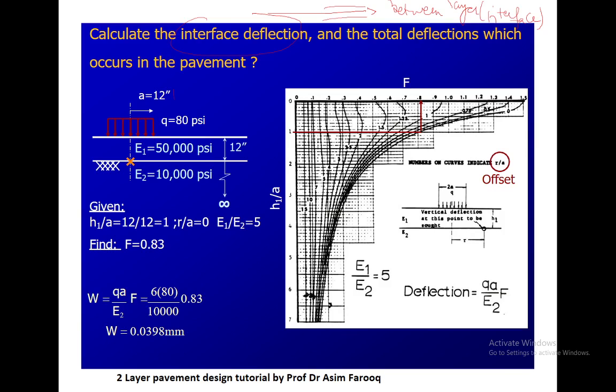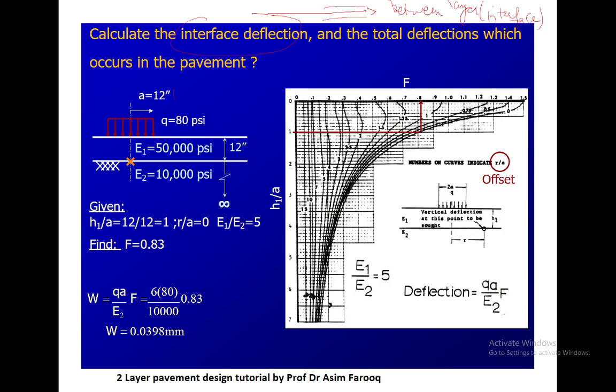The first one is the offset, which we determine with r by a. We don't have any radial point, so we have a, but we don't have r because we don't want to determine it below any point. In that condition, we consider r by a equal to 0, E1 by E2 equal to 5, and h1 by a, which is 12 divided by 12, equal to 1.